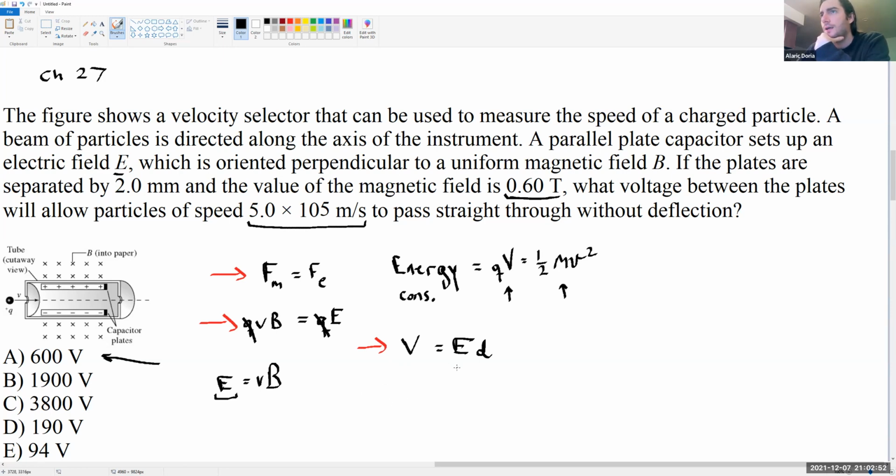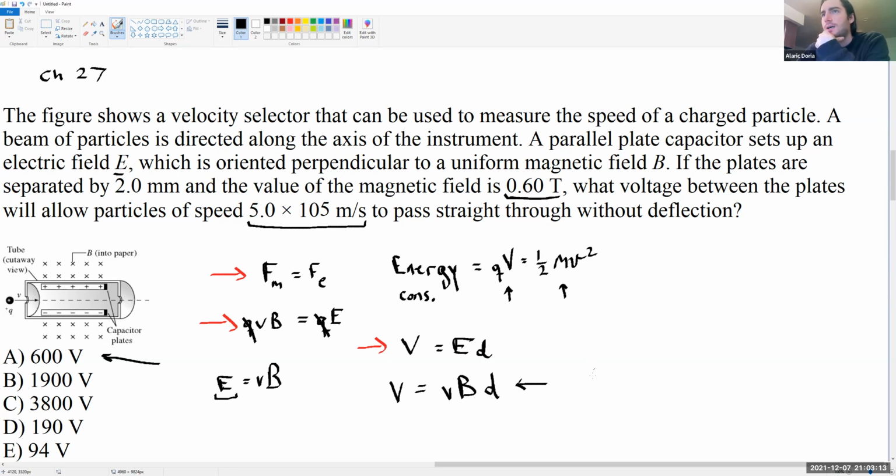This example is just too easy, isn't it? Did anybody have any trouble with this one? Did we even need to know that? Oh yeah, we do, because of this formula right here.